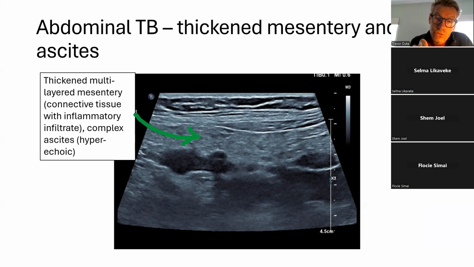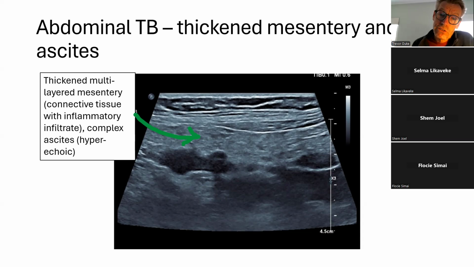And so what you see on an ultrasound in a child who's got established abdominal TB is they'll have ascites, but it's usually not clear ascites. There's usually strands of connective tissue and inflammatory infiltrate, and it's what we call complex ascites, not a simple ascites. A simple ascites would be just clear fluid.